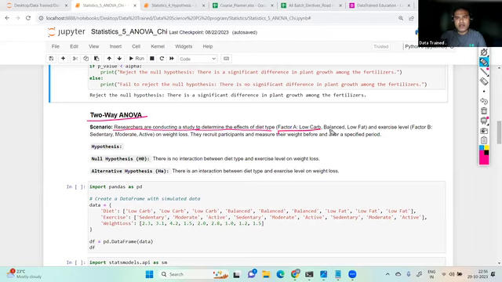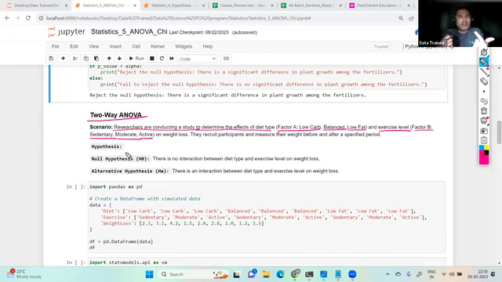Factor A: low carb, balanced and low fat. This is factor A. Right? Diet type: low carb, balanced, low fat, and exercise level, that is factor B. Sedentary, moderate, active. Exercise, how much exercise you do, right?